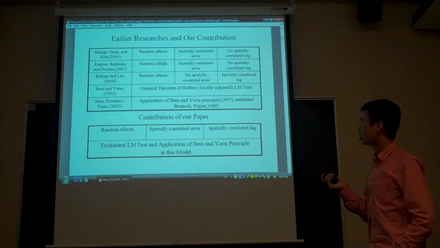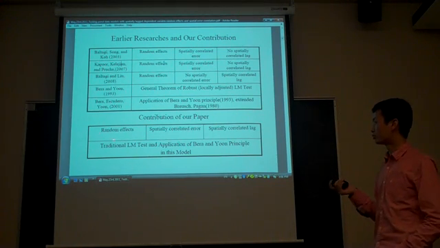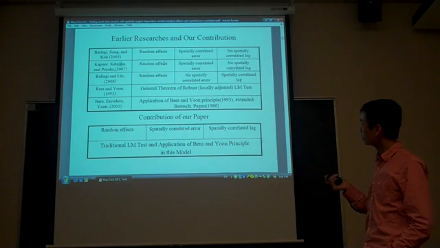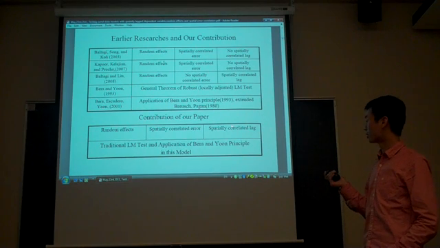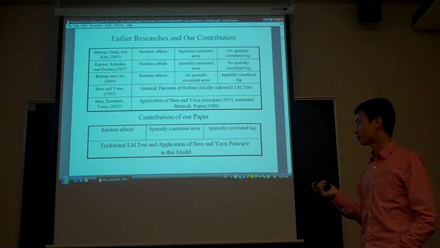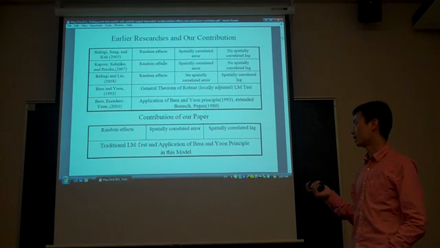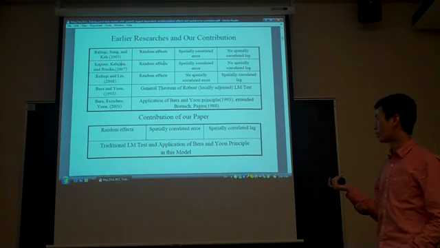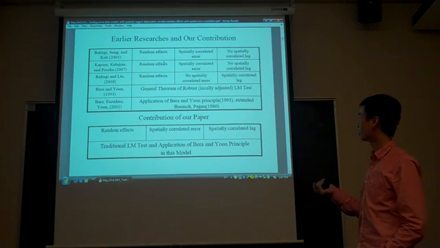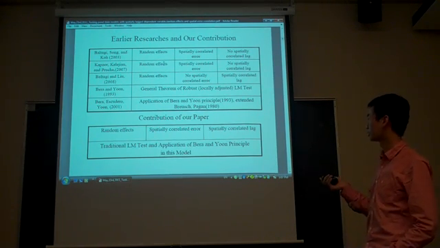The contribution of our paper is that we also adopted a random effects model, and we included a spatially correlated error term as well as a spatially correlated random effect. Then we constructed the traditional Lagrange multiplier test, and we applied Bera and Yoon's principle to construct the locally adjusted, so-called robust, Lagrange multiplier test.